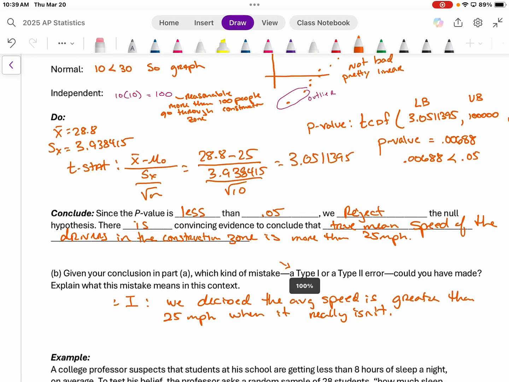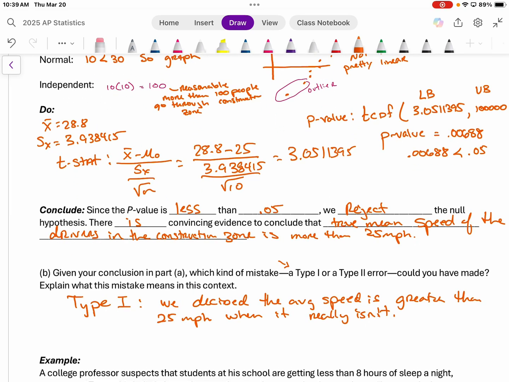Now, what's the mistake in context? Well, basically, we wasted. Sorry, there's an I in wasted. Wasted time. We wasted time by doing this for us. It was a waste of time.